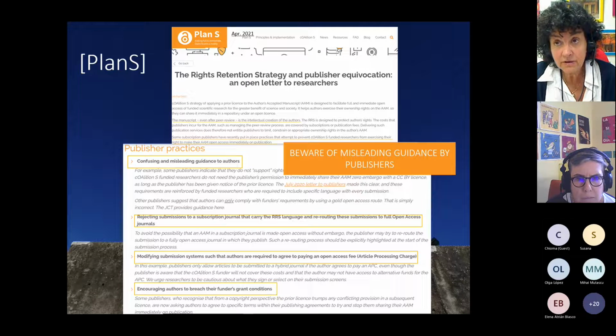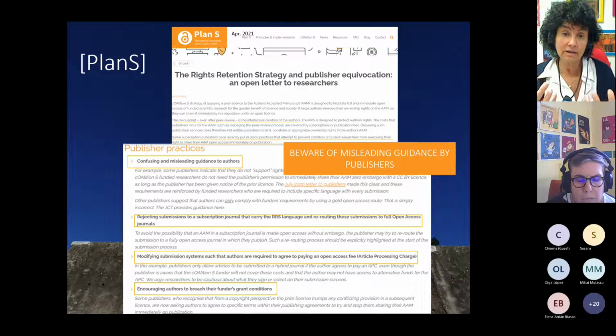And as they experienced a lot of misleading guidance by publishers, they also put together this page with some, I would say, unfair publishers' practices, okay?